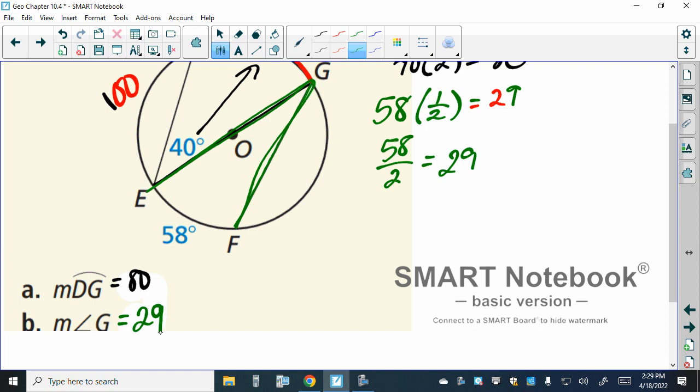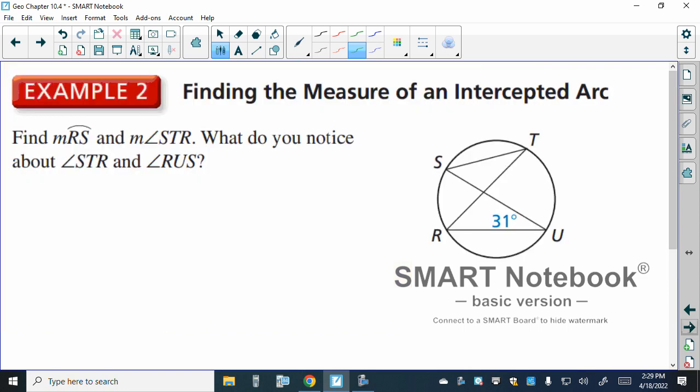Because the measure of the inscribed angle is equal to half the measure of its arc. Or the arc is equal to twice the measure of the inscribed angle. Any questions on this here so far? Okay. Let's look at this next one here.